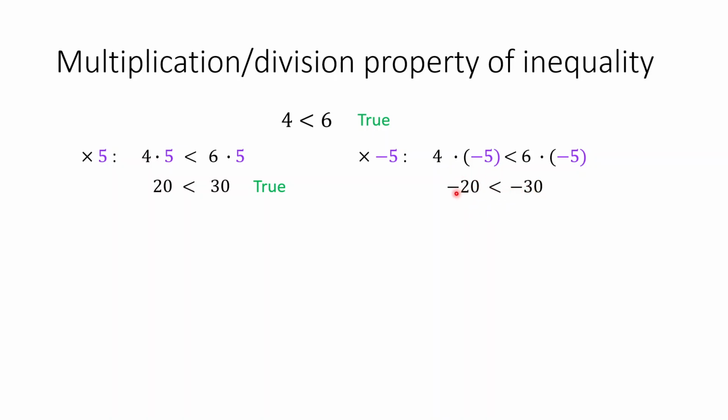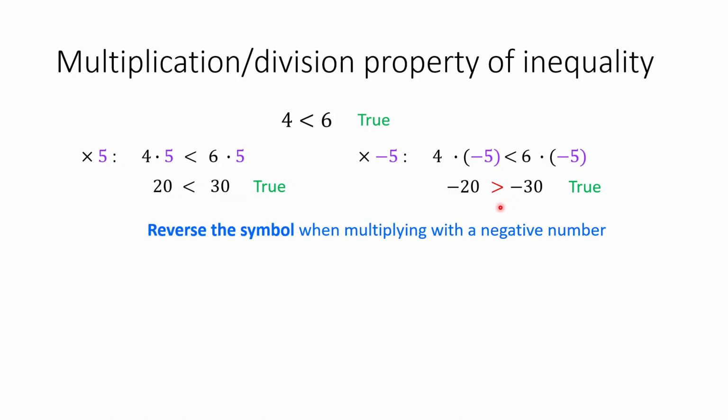So you know that negative 20 is the larger number. So negative 20 cannot be less than negative 30. So this is not true. To make this true, you need to reverse the symbol. So now negative 20 greater than negative 30. This is true. So you need to reverse the symbol when multiplying with a negative number.